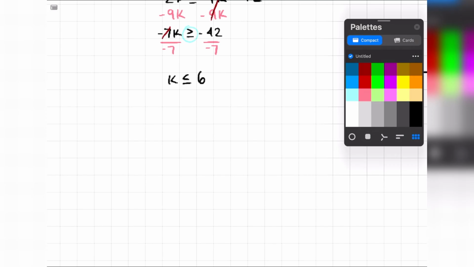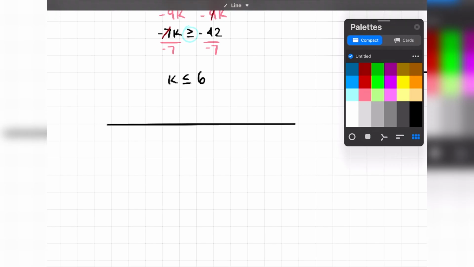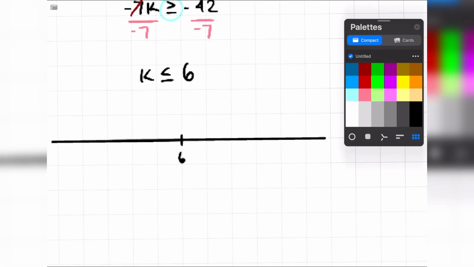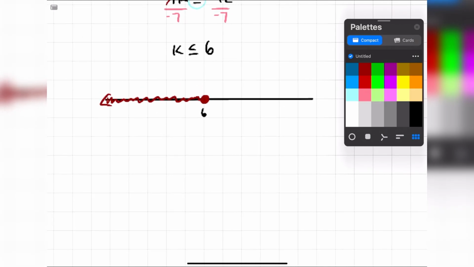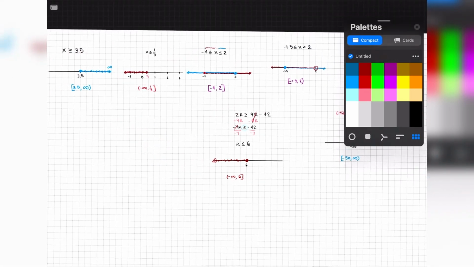On a graph line, at 6, less than, right? So all of this, and then we fill in the circle. Inequality notation would be from negative infinity, parenthesis, all the way to 6, bracket. Simple.